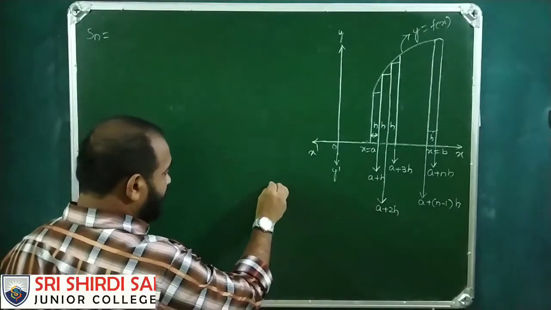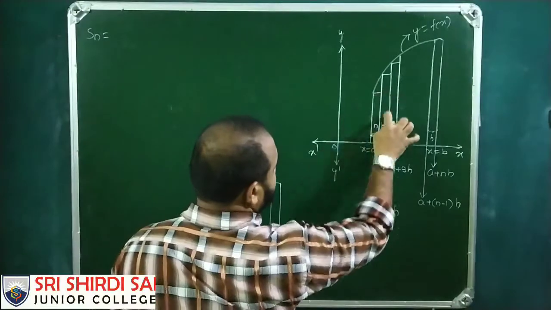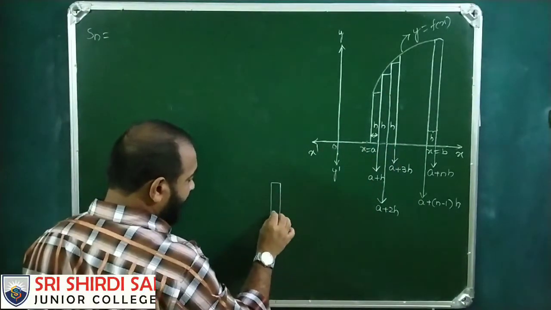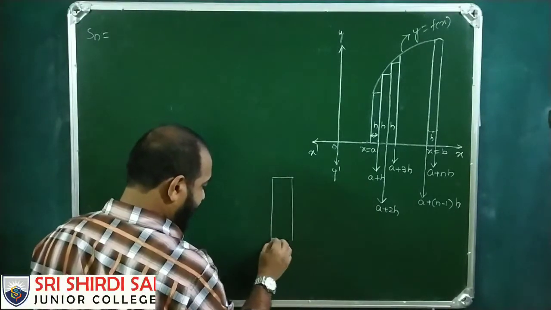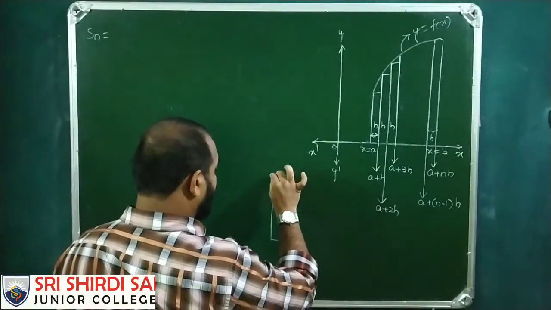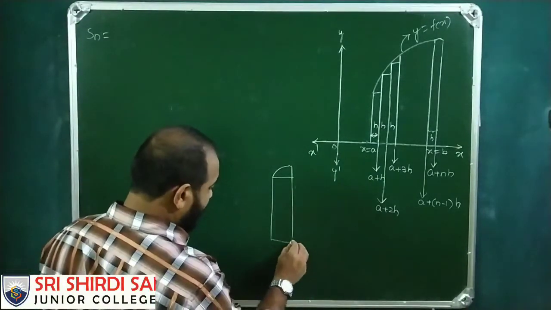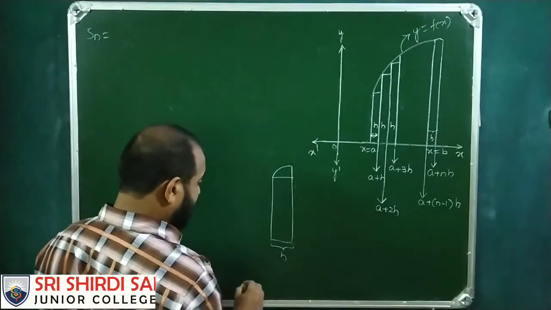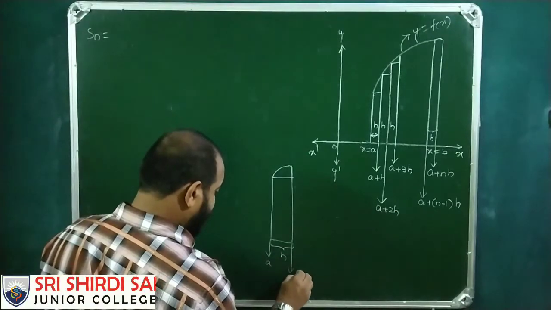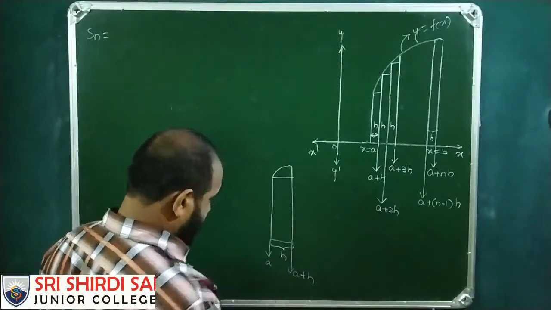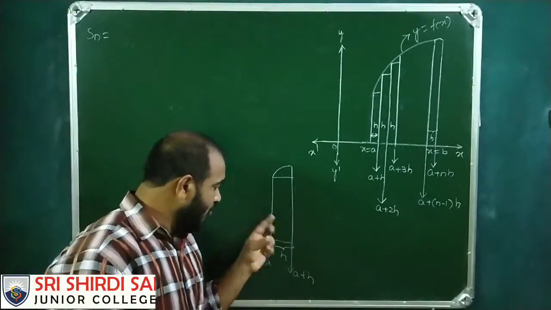if I take the first rectangle, this has the width h, and this is a, this is a plus h. We know that the area of the rectangle is width into height.